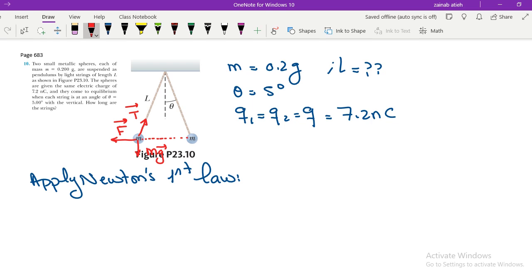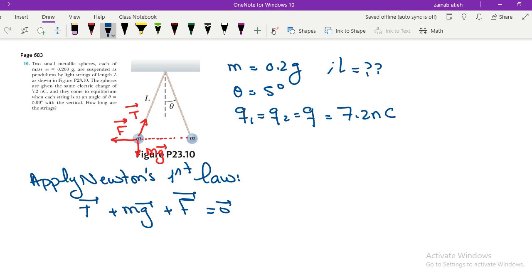It's F equals KQ1 Q2 over R squared U12 as a vector. So these are the forces acting on this metallic sphere. So I'm going to add these forces: tension plus mg plus F is equal to 0.